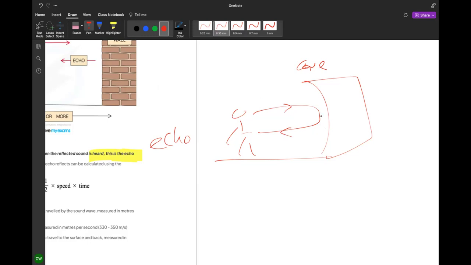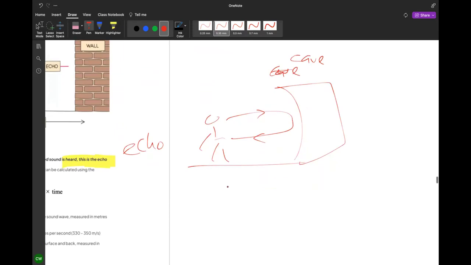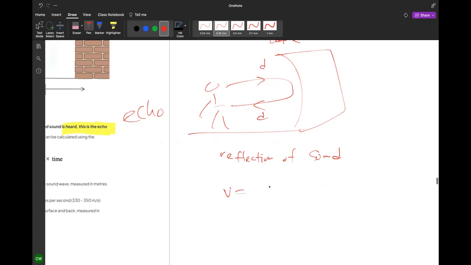This is a cave. This is a reflection of sound. That means the sound will be traveling double the distance. You go by d, coming back also by d. So the speed of the wave will be distance travelled over time. For echo, you travel double the distance over the time.